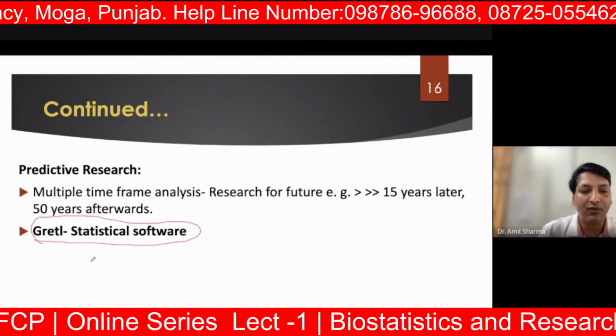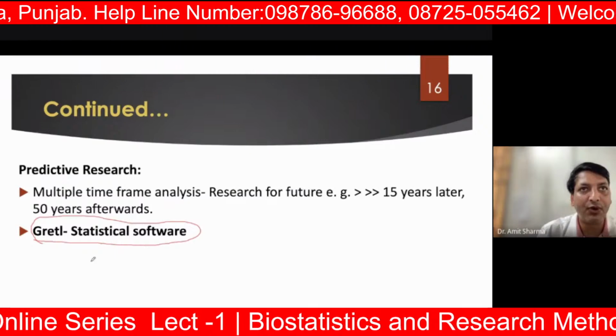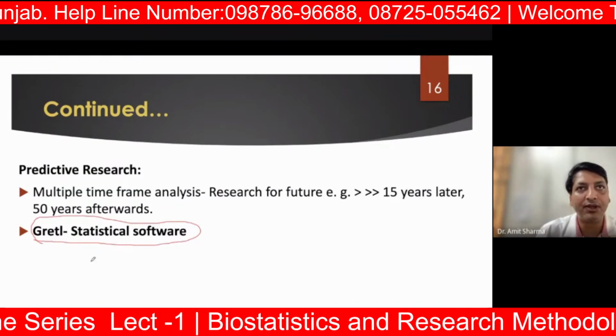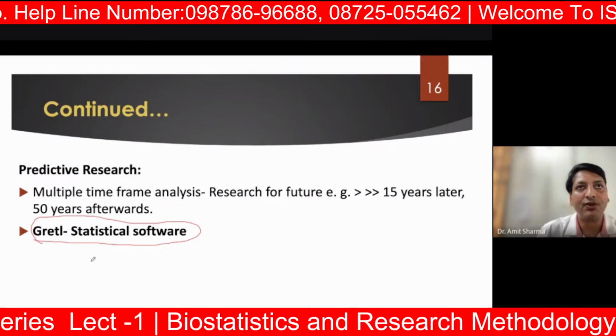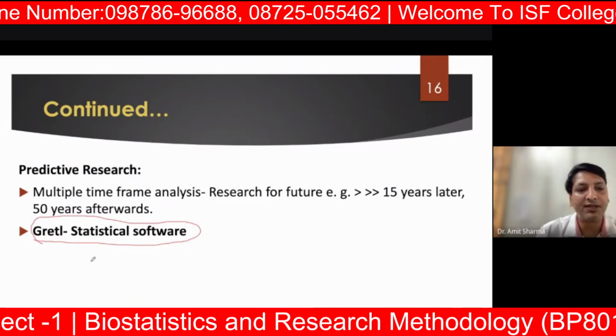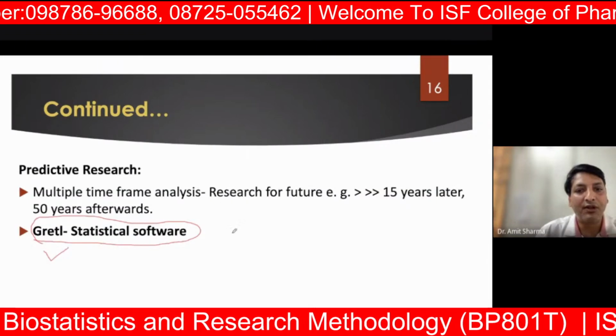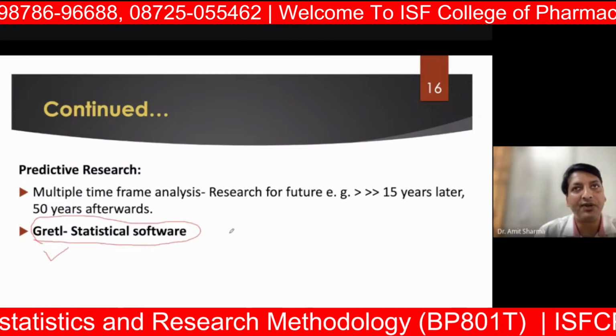For example, at present the population of India is 130 crore. So after 50 years, what will be the population of India? After doing research with a software called Gretl, you are able to find out what the population of India will be after 50 years.